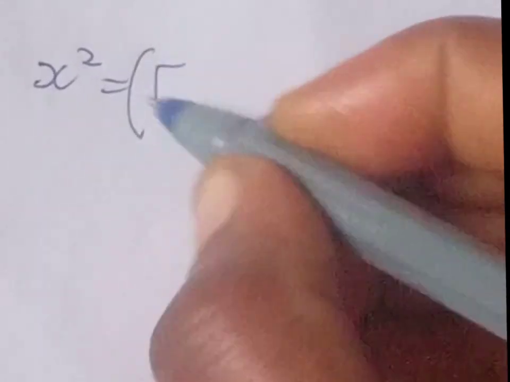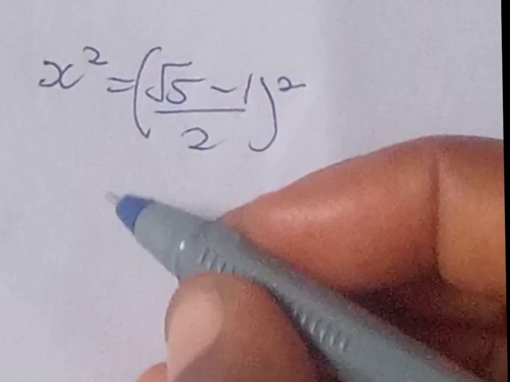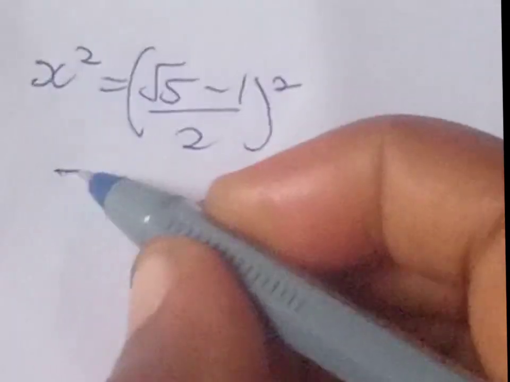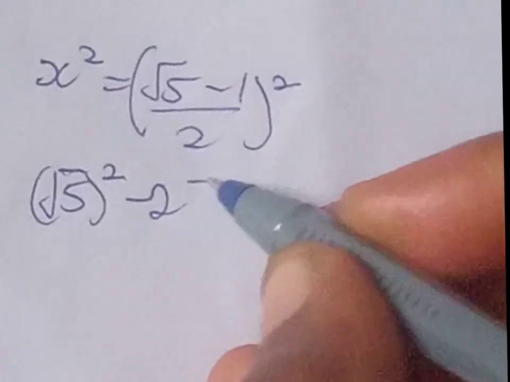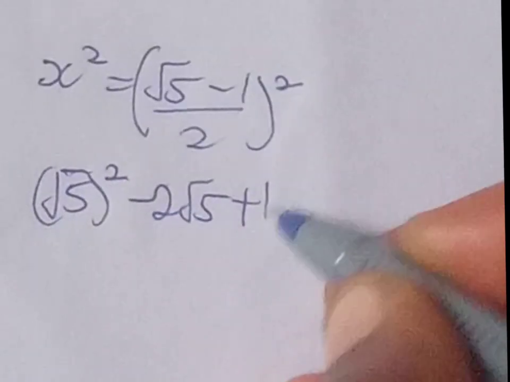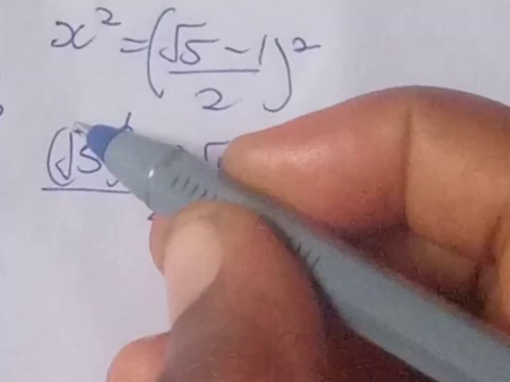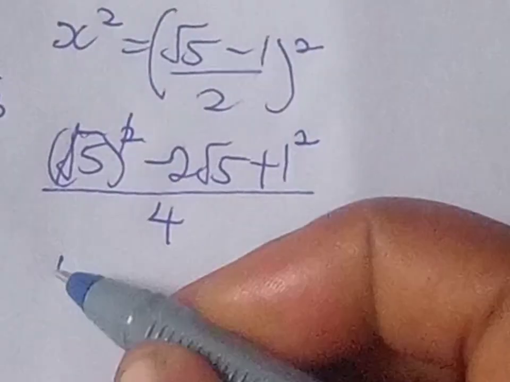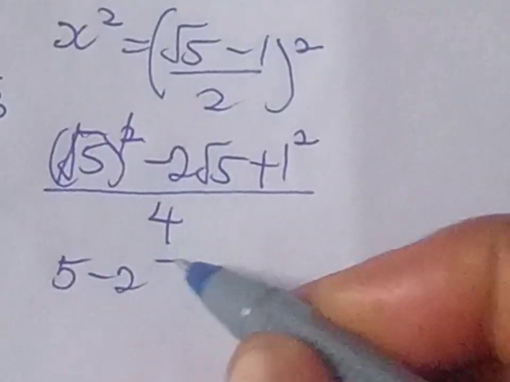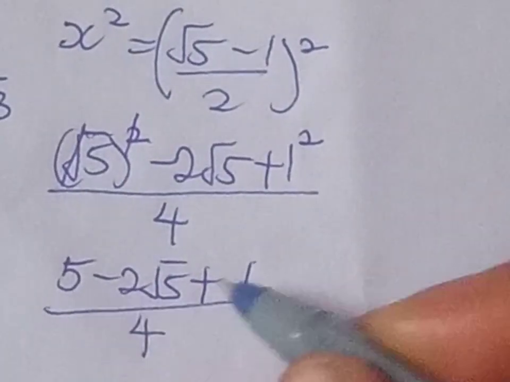So x square equals root 5 minus 1 divided by 2, squared, which will give us root 5 square minus 2 root 5 plus 1 square divided by 4. Square cancels square root, so we are left with 5 minus 2 root 5 plus 1 divided by 4. Let's rearrange this.